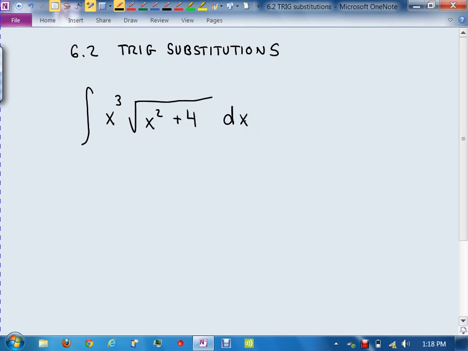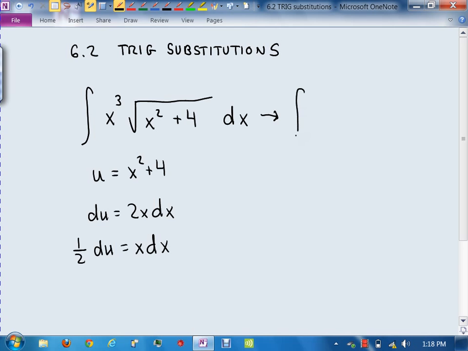Let's just see what we would get. If we go u equals x squared plus 4, then du is 2x dx. We don't have a 2x dx, do we? I could multiply by 1/2. Do I have an x dx?